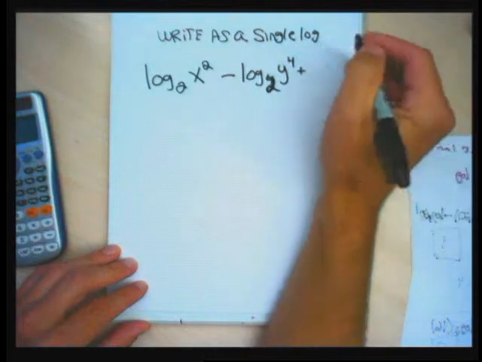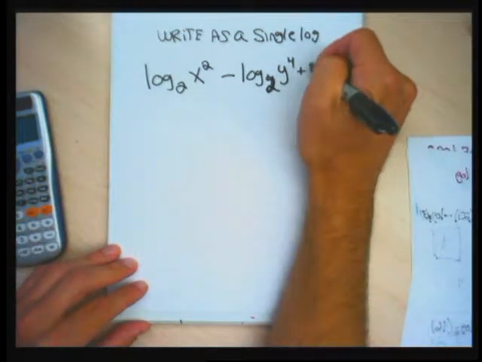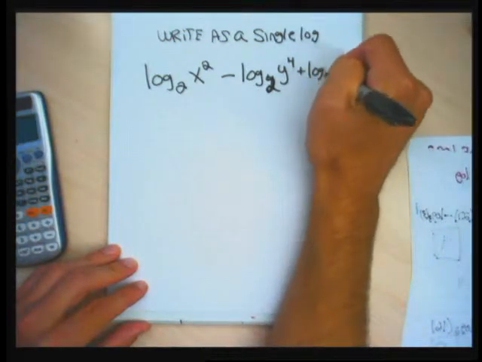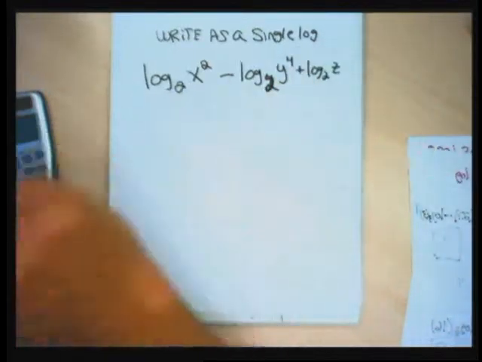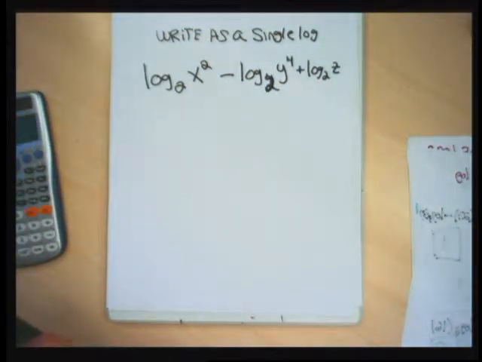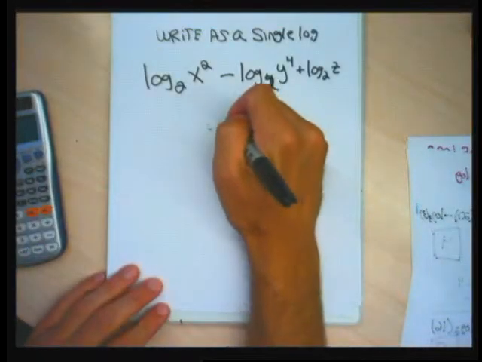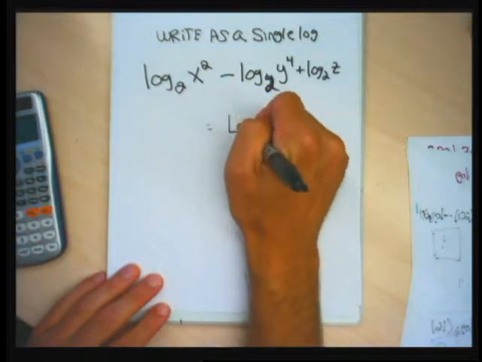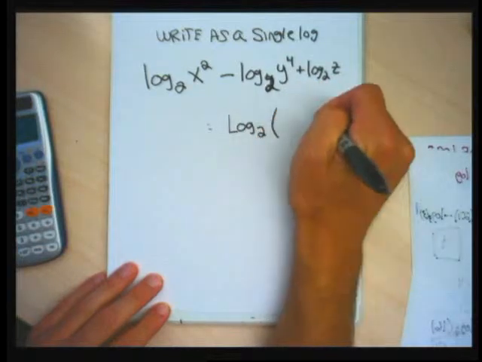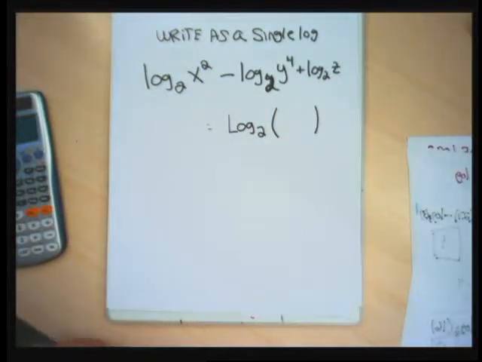The bases have to be the same or you can't use the rules. If the bases weren't the same, you can't make one logarithm from multiple logarithms. So I'm going to shortcut this, use both the minus to divide rule and the adding to multiply rule. I couldn't check this on my calculator, but I know this is correct because I know how to use these rules in conjunction.